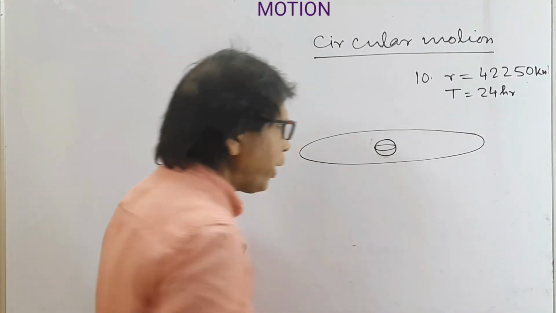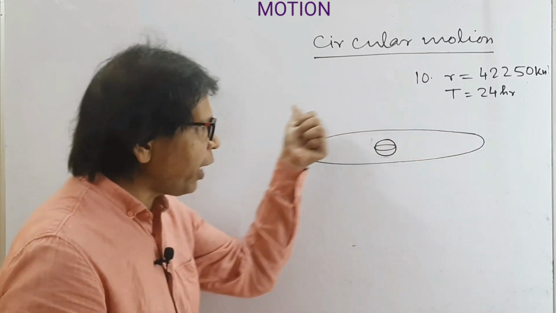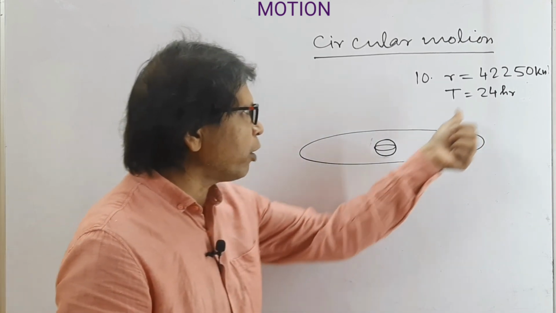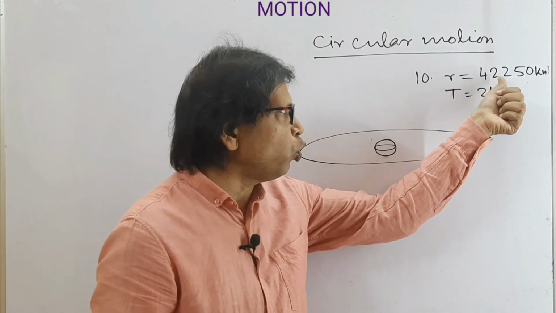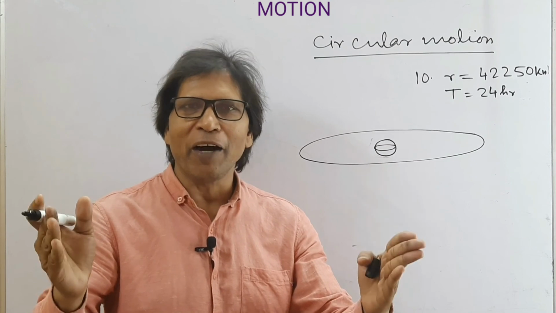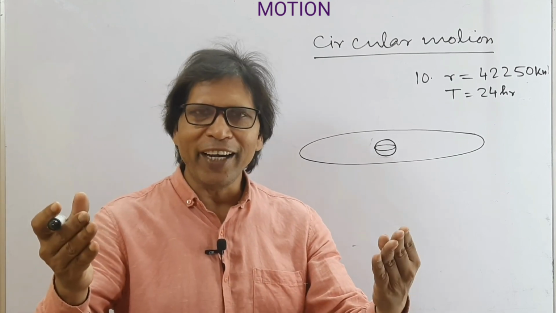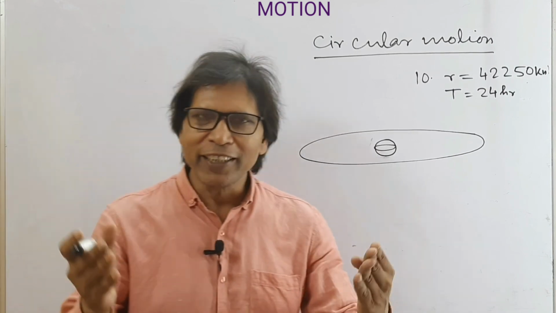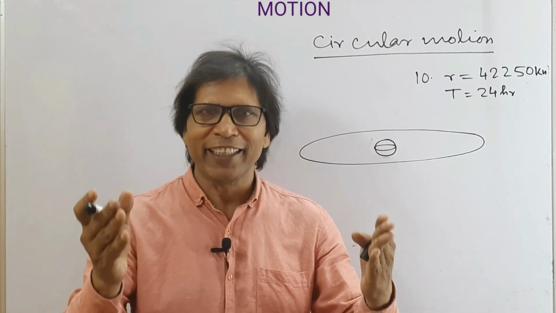Okay, look at this. An artificial satellite revolves around a circular path of radius 42250 km in 24 hours. We have to calculate the speed of rotation of the artificial satellite.